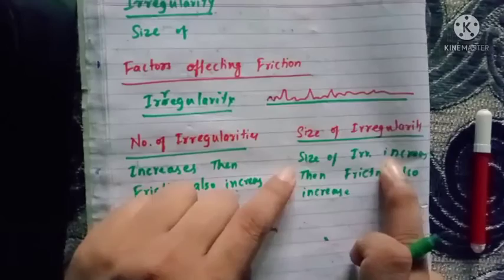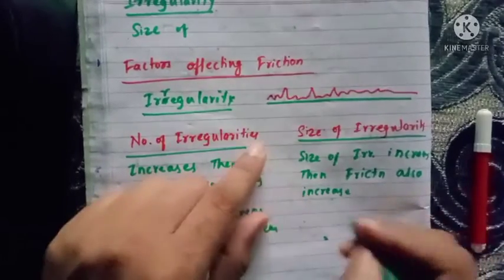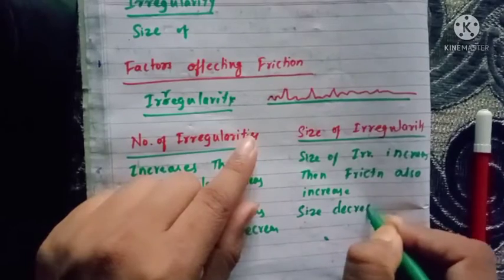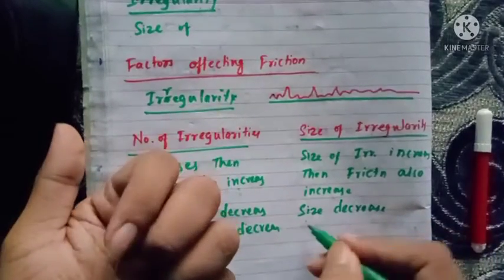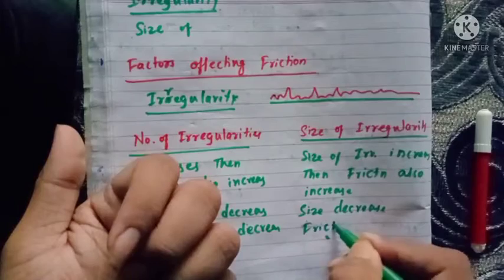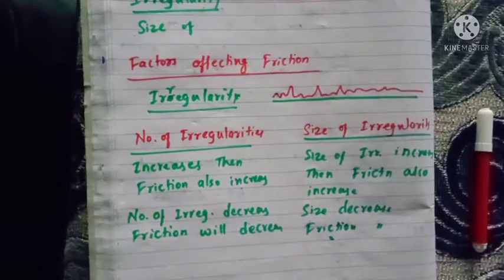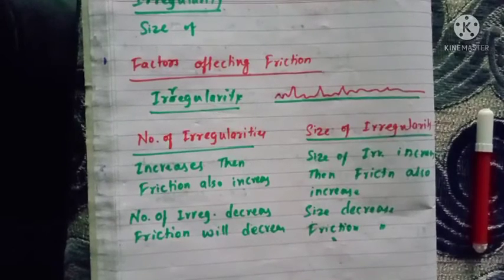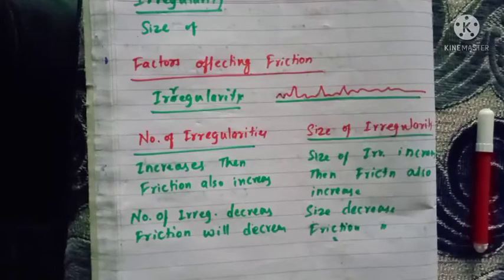So if the size of the irregularity increases, friction also increases. Then if the size ಡಿಕ್ರೀಸ್ ಆಯಿತು ಅಂದರೆ, if the size decreases then friction also decreases.